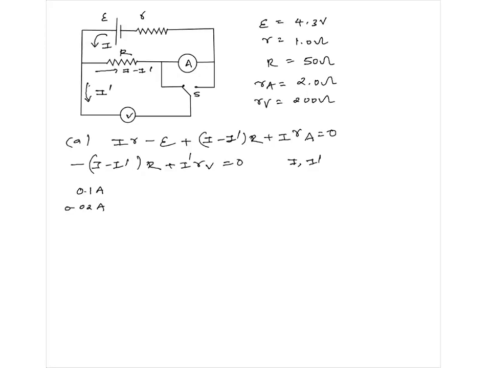the reading of the ammeter would be how much? 0.1. And the reading of the voltmeter would be how much? I minus I dash. The voltmeter is measuring the potential difference across R, capital R, right? So total current I minus I dash multiplied by 50.